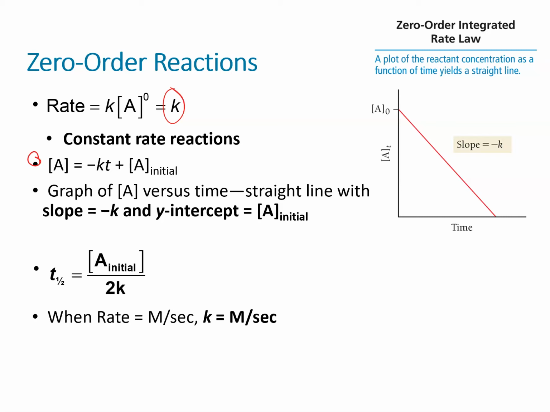And that's it. It gives us this nice plot, concentration of A versus time, and the slope is just minus k. Once again, there's a different relationship to determine the half-life of the reaction, and different units for k.